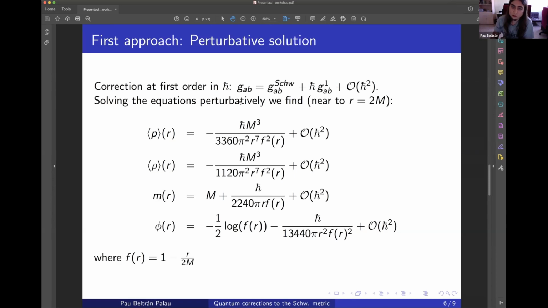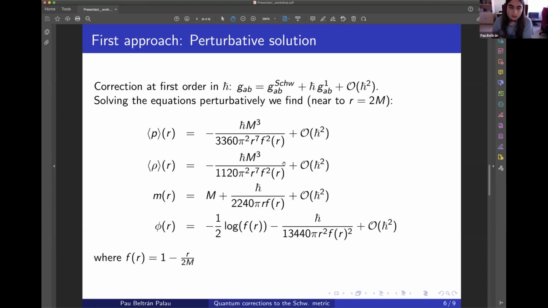Solving the equations perturbatively, what we find are these expressions here, which are the expressions near the point r equal to 2m. One can see that all of them behave as the Schwarzschild, the classical one, no?